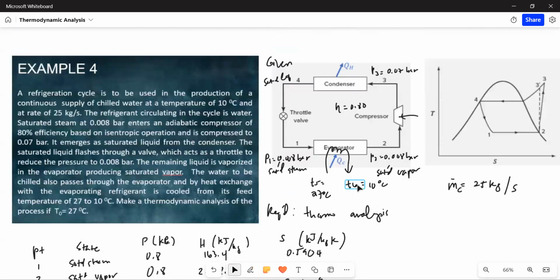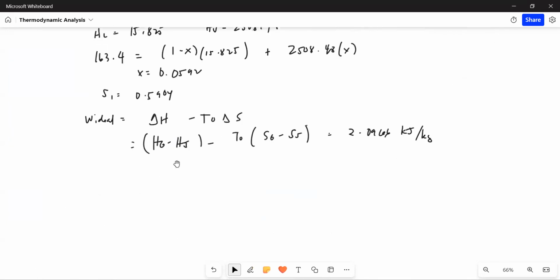The reason why it's okay to calculate the ideal work using these two streams is because it reflects our goal of chilling the water from 27 to 10 degrees. This is the result of that, but we have to consider the mass flow rate of the chilled water, and that is 25 kilograms per second.